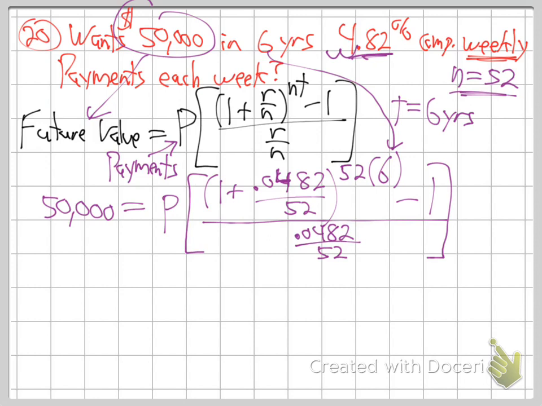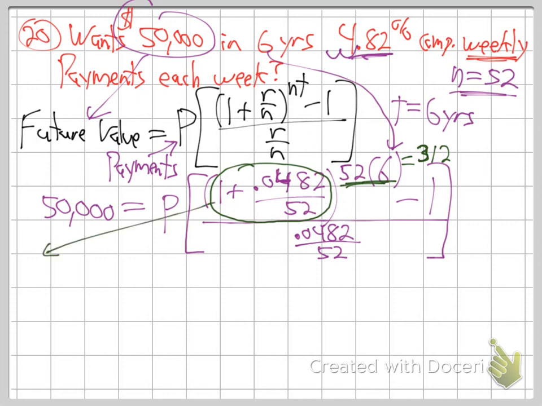All right, so on your calculator, remember what you do? First figure out this power. What is 6 times 52? 312. So figure that out first. That power right there, 52 times 6 is 312.